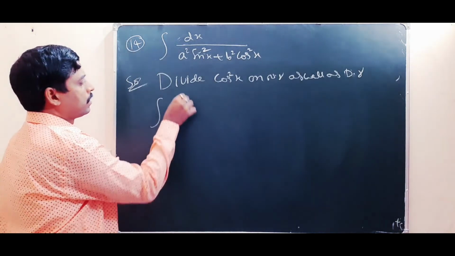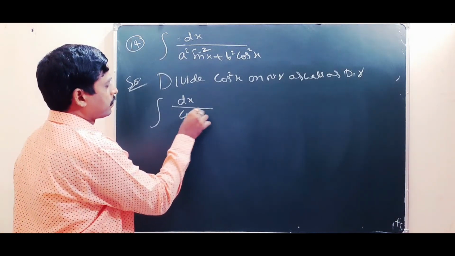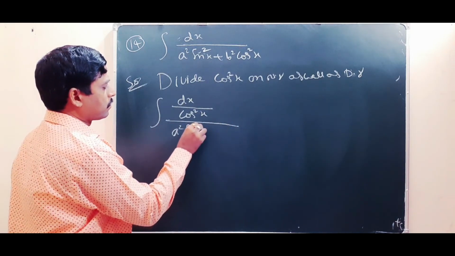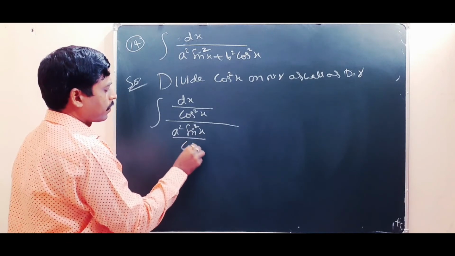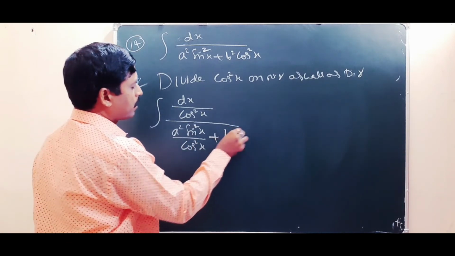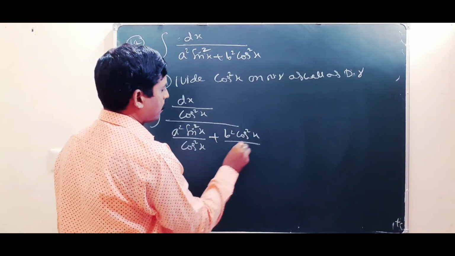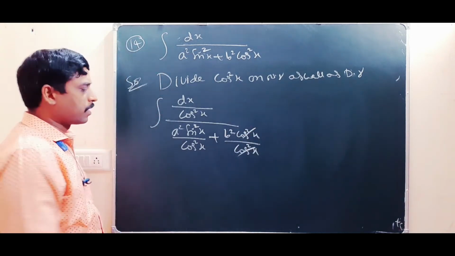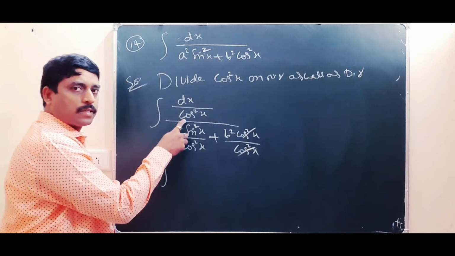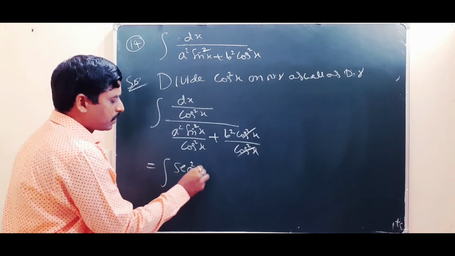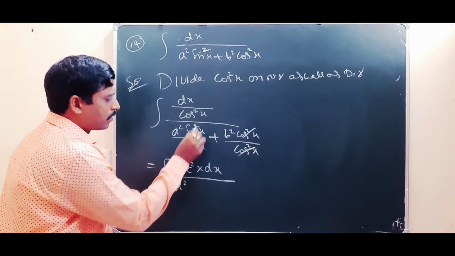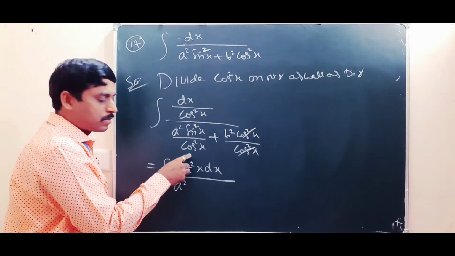So integral dx by cos square x upon a square sin square x by cos square x plus b square cos square x by cos square x. In this one cos square x gets cancelled. 1 by cos square x we have secant square x upon a square. This sin square by cos square is tan square x.